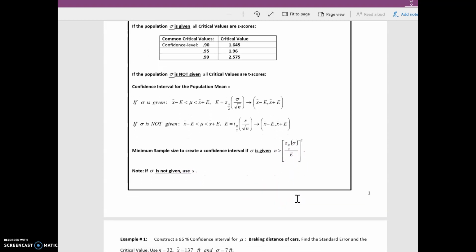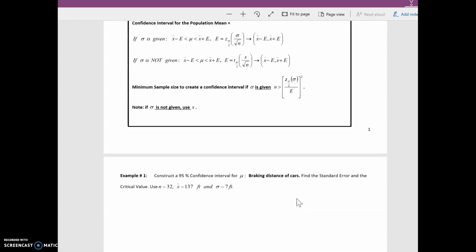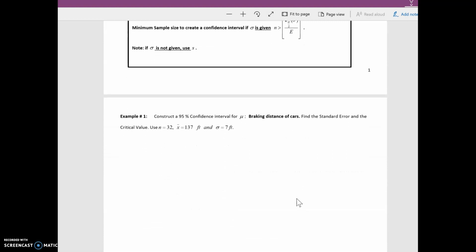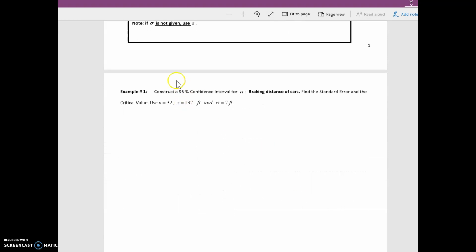Now, let's take a look at an example. In this particular example, they want us to construct a 95% confidence interval. So in this case, c is equal to 0.95. And we're estimating mu. They're breaking distances, and you're looking at the sample size, in this case, n is equal to 32.